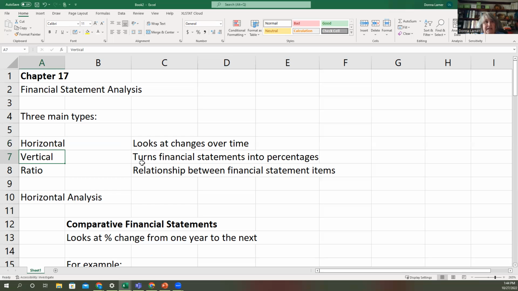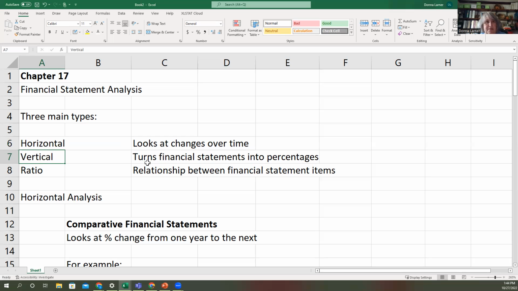Vertical is trying to take the items on the financial statements and turn them into percentages. It doesn't make a lot of sense till we get into it, but for example, in the past, maybe I had 5% of my assets I kept in cash. So cash was always 5% of all my assets.